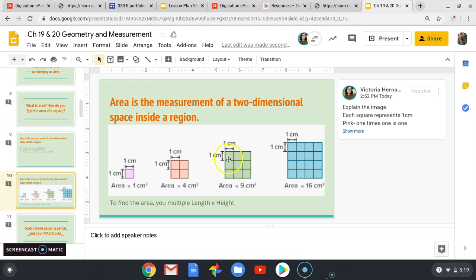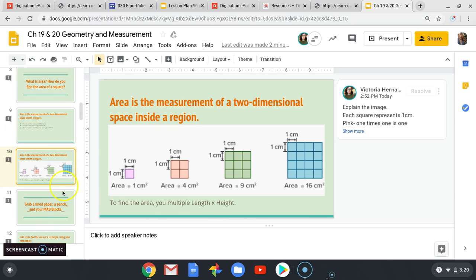The next one has 1, 2, 3 by 1, 2, 3. So 3 centimeters by 3 centimeters is 9 centimeters squared. And lastly, this big blue square is 1, 2, 3, 4 cubes by 1, 2, 3, 4. So 4 centimeters by 4 centimeters equals 16 centimeters squared. So it's important to remember our times tables and multiplication for area.